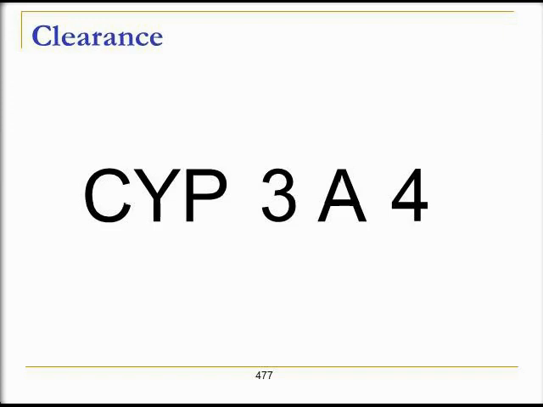Then the next number is the family number, followed by the subfamily letter, and then the specific enzyme number. And those enzymes that are within the same family are at least 40% identical, and those enzymes that are within the same subfamily are at least 70% identical. So cytochrome P450 2C9 and 2C19 are more than 70% identical.